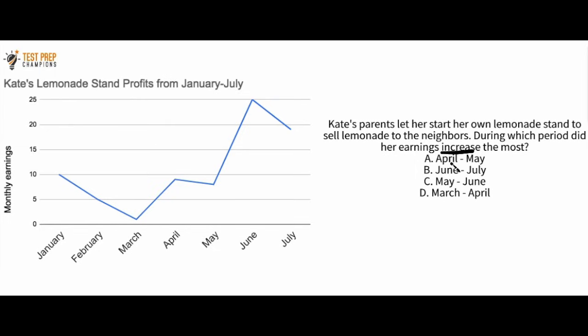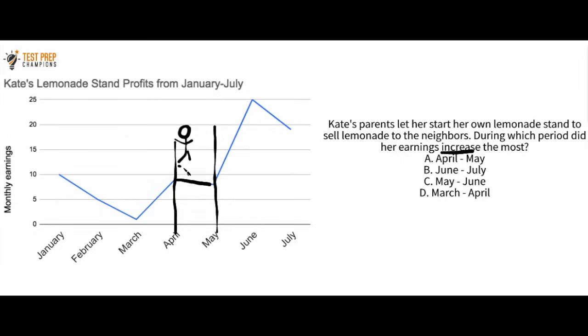So let me first identify the period April through May. I find April down here, and I find May right here. To determine what happened between April and May, the only thing I need to look at is what's happening on the line in between. Now, imagine a little stick figure person starting at the leftmost part of the line, and imagine this blue line is a hill.